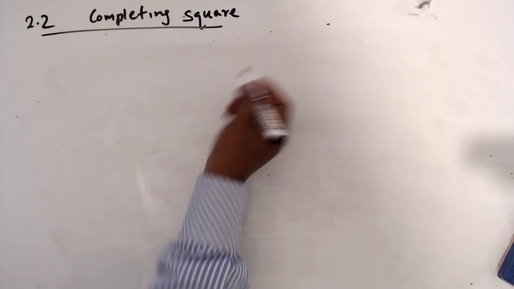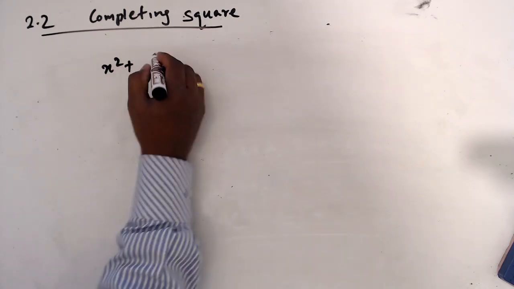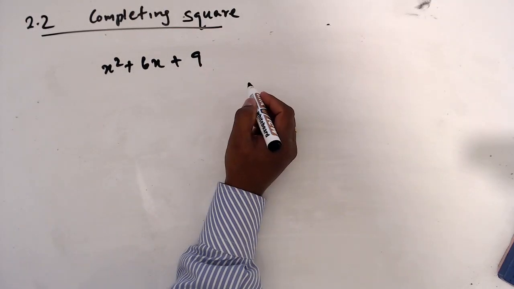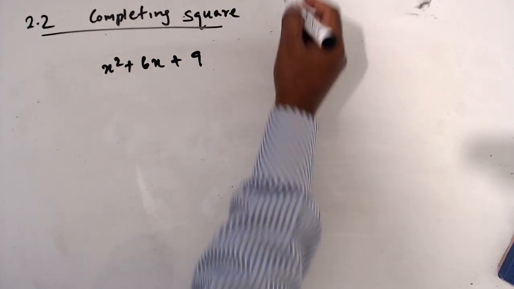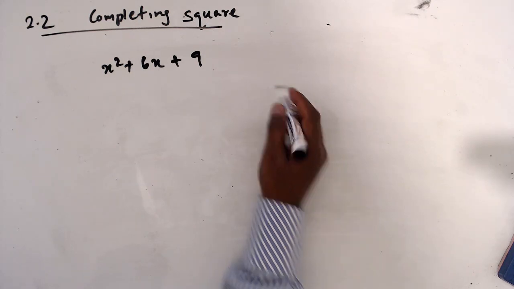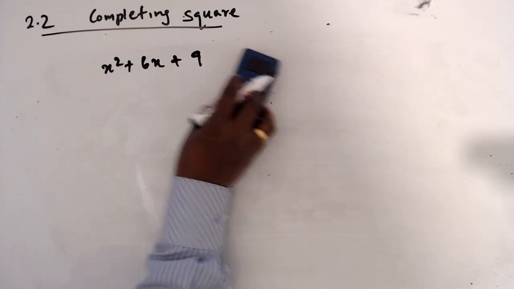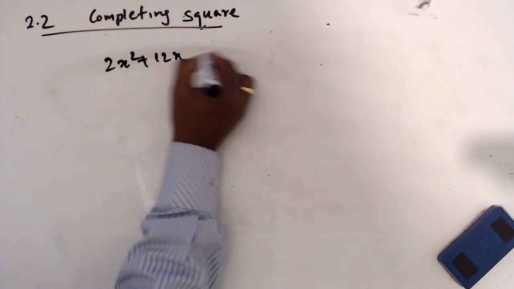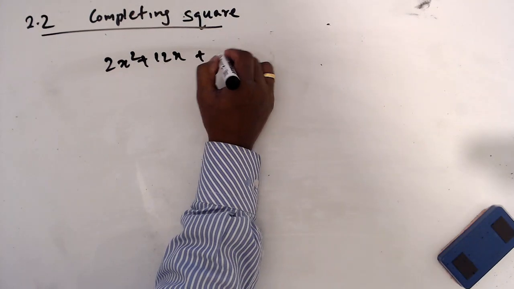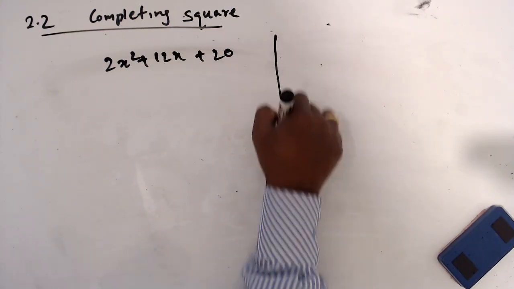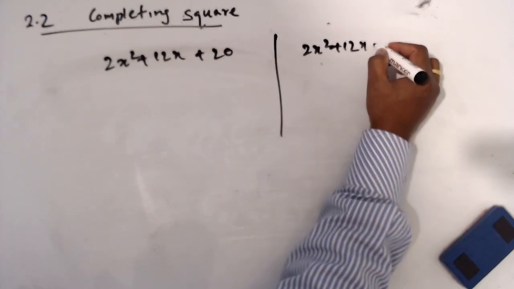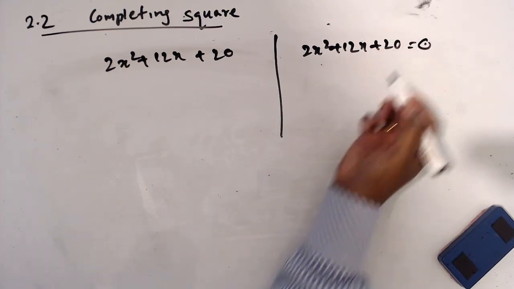Now the last one: x square plus 6x plus 9, and 2x square plus 12x plus 20, and 2x square plus 12x plus 20 equals 0.